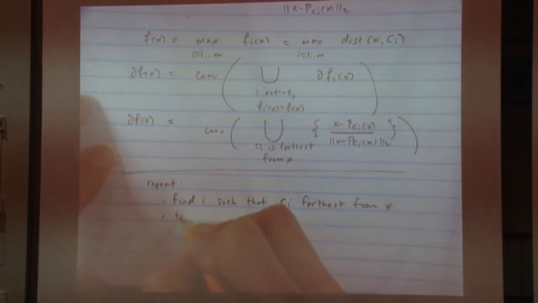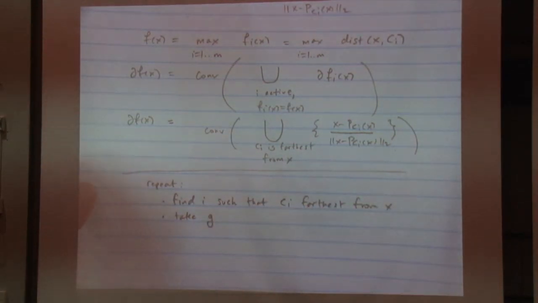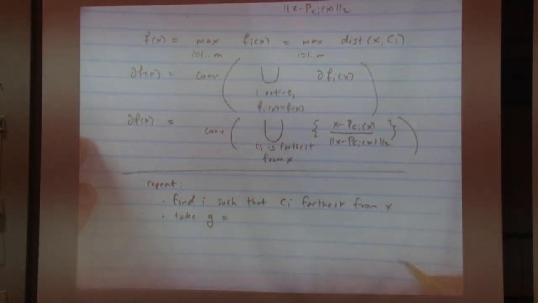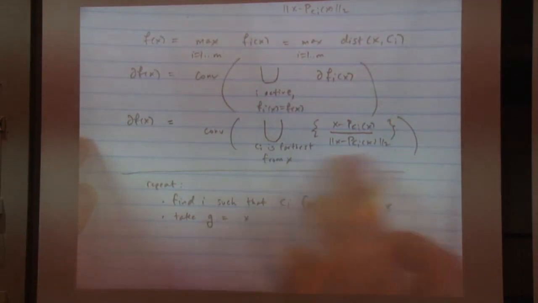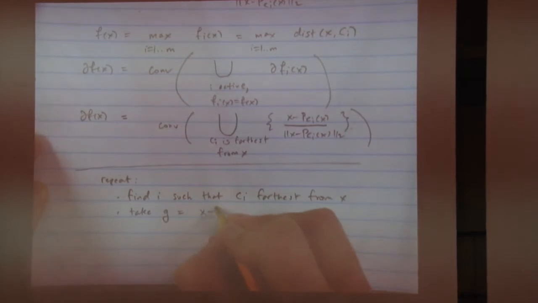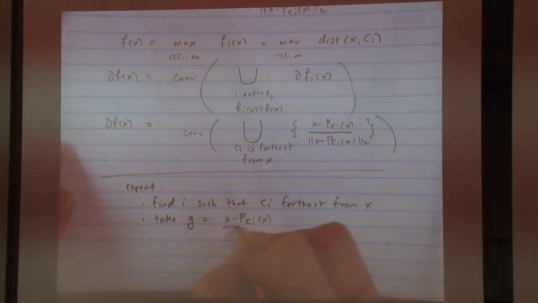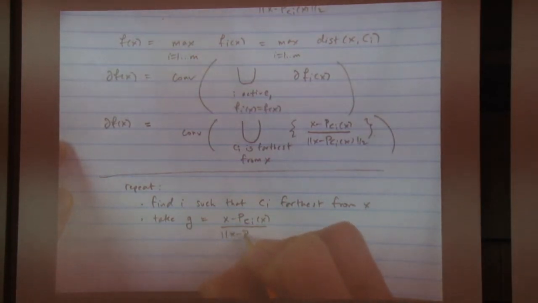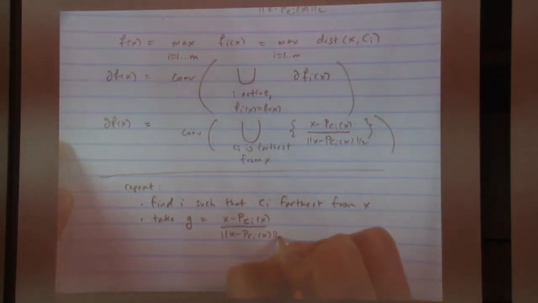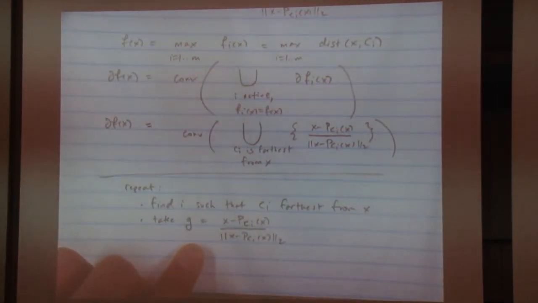We're going to take g to be the subgradient given by the distance function between x and C_i. From what we know up here, this is a valid subgradient of our criterion function.